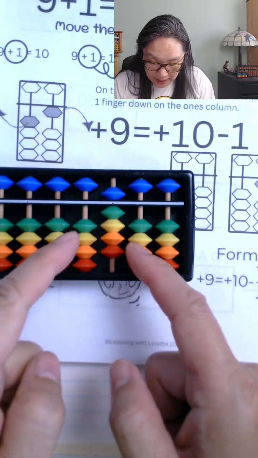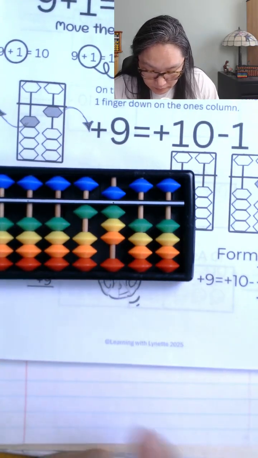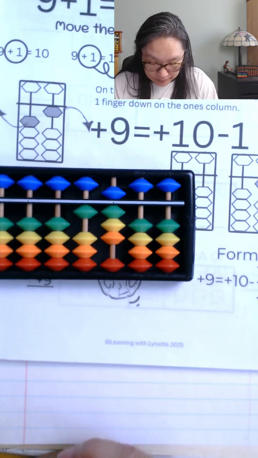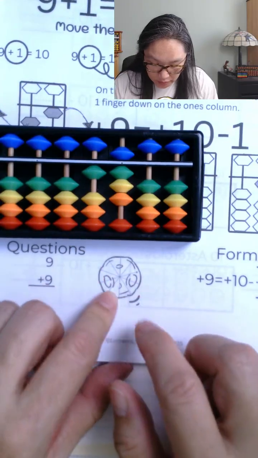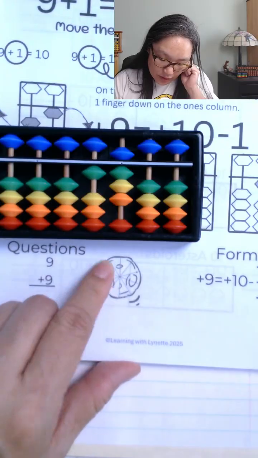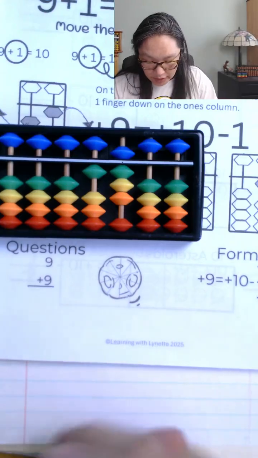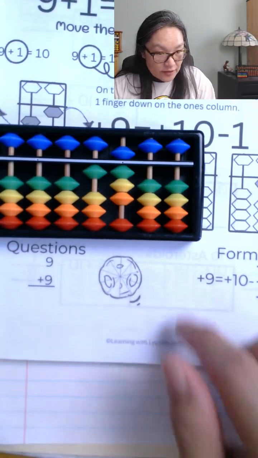Anytime I want to add the 9, I have to plus the 10 minus the 1. So my answer is 18. I had a little asteroid thing here. The reason was to help the kids understand that they're going to take away 9 and then they have the 1, or they use the 9 and then there's 1 that gets floated out.